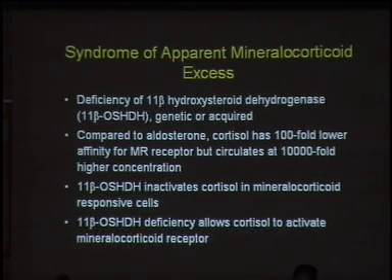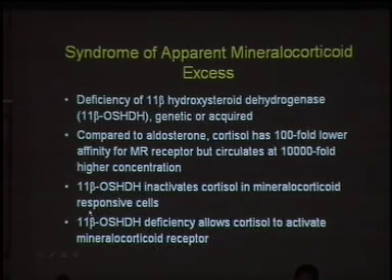Even though it has less affinity to the receptor, because of the huge concentration, it has impact on the receptor if there is no or not enough of this enzyme around.